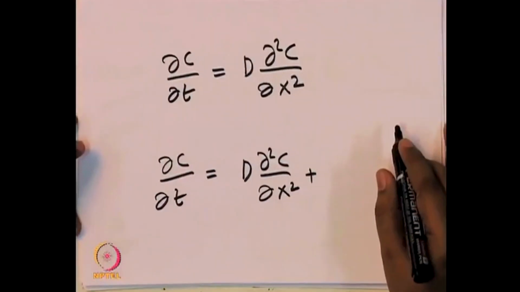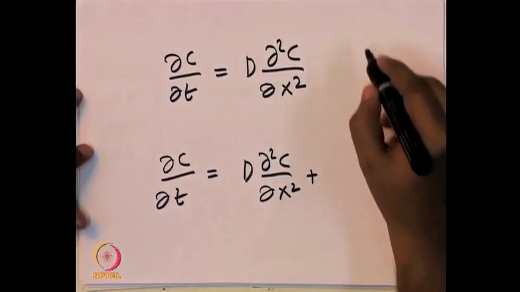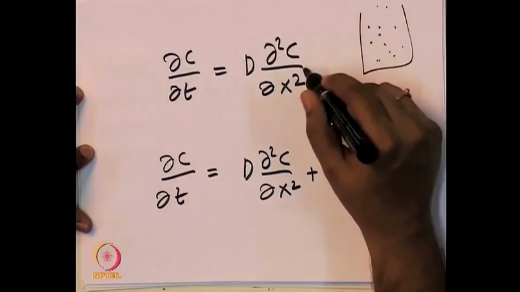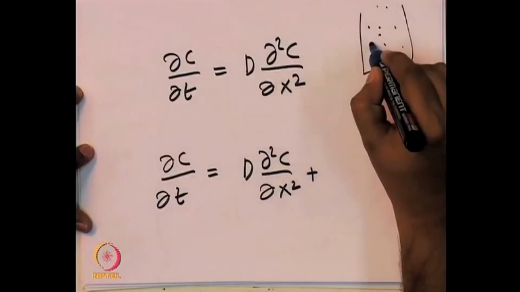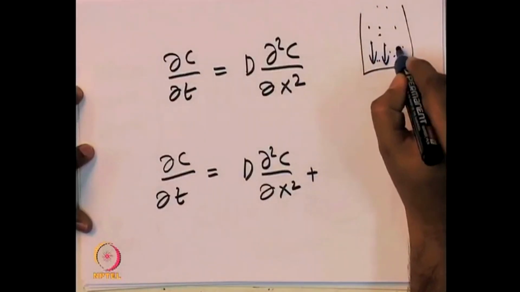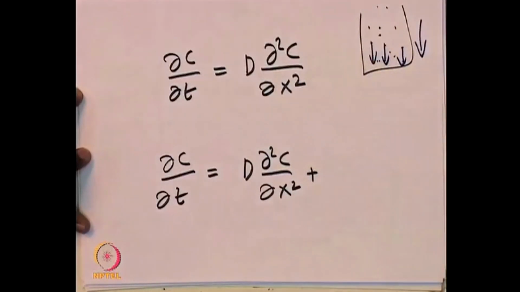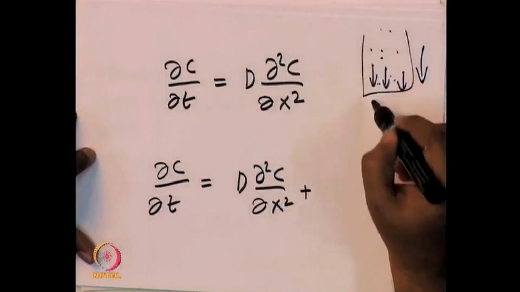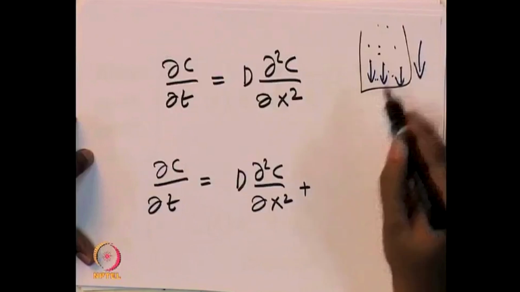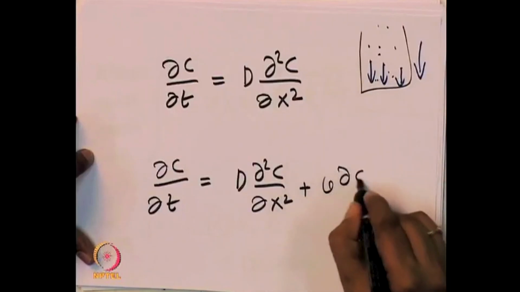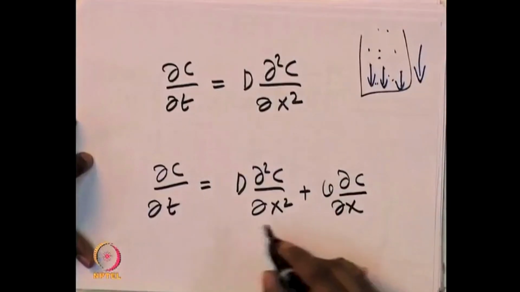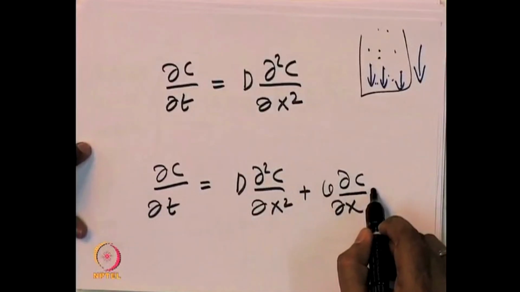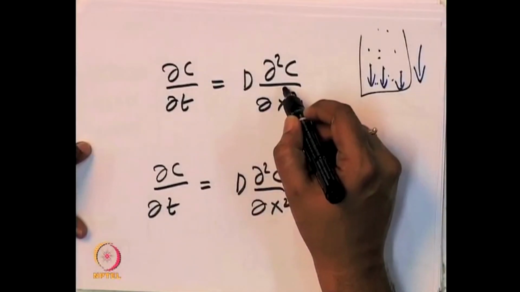If there is no force, this will be the equation, but let us say each of these particles is experiencing some force downwards or in a particular direction, then each particle will get some velocity due to this external force, and then the equation will be this. So, this is the diffusion equation under an external force.